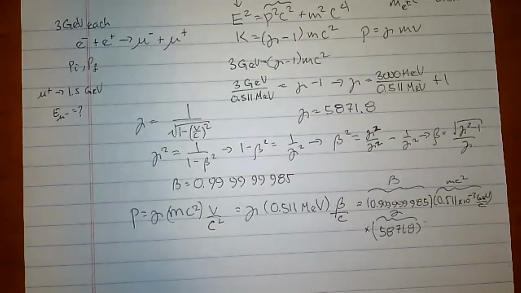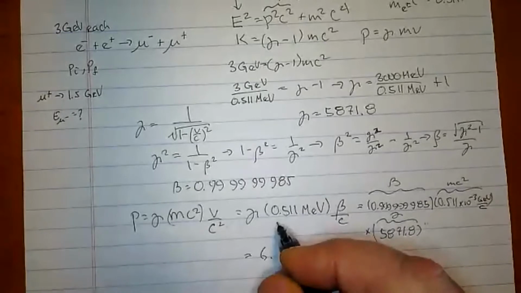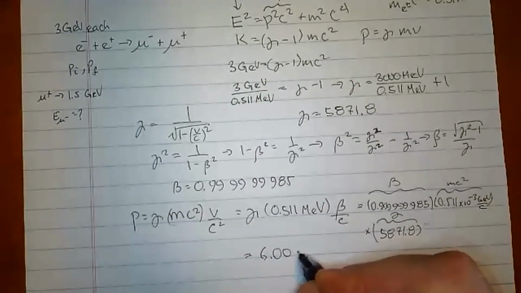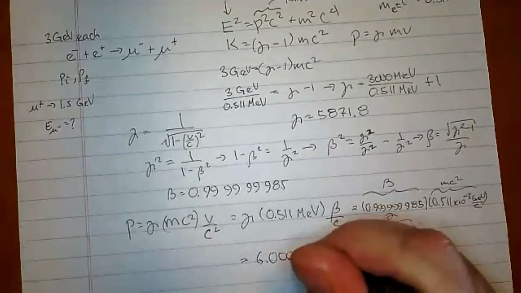So now I want to take that answer, that 0.999 whatever, times 0.511 e to the negative 3 times 5871.8. And that gives me 6.000 even, or excuse me, GeV per c.